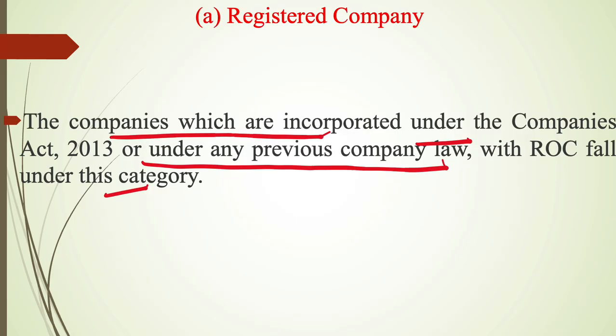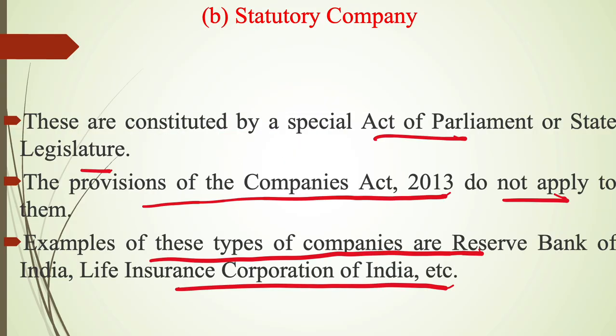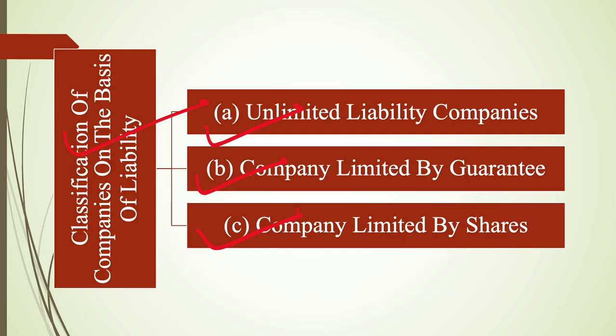A registered company is a company registered under the Companies Act 2013, whereas a statutory company is made by a special act of Parliament. The second classification is on the basis of liability, under which there are three types of companies: unlimited liability company, company limited by guarantee, and company limited by shares.